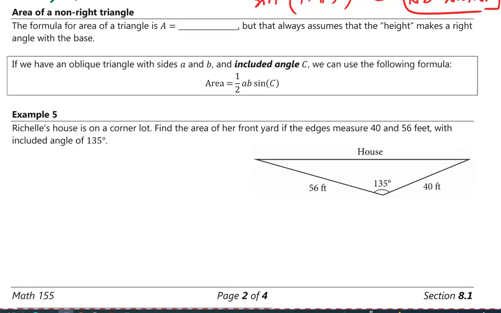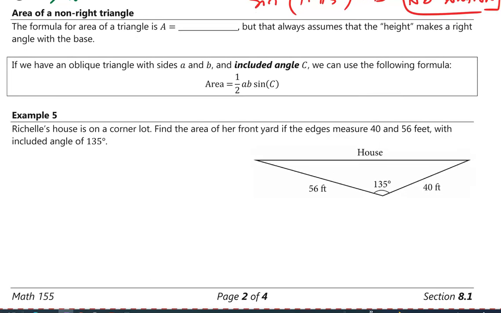Next. Area of a non-right triangle. The formula for the area of a right triangle is A is equal to 1/2 base times the height. But that always assumes that the height makes a right angle with the base, right?